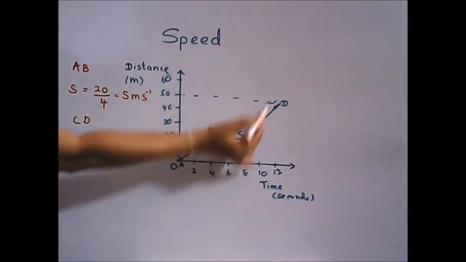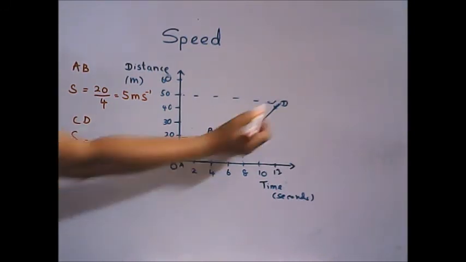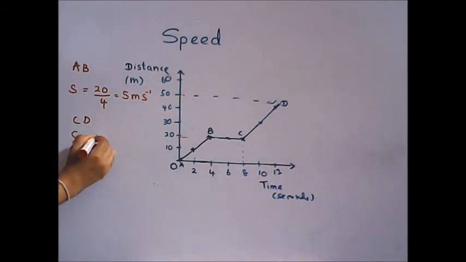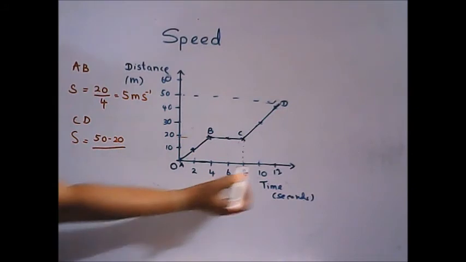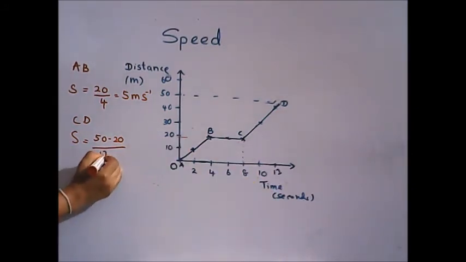Now let's see CD. When Nima went to someone's house, the distance is 50 minus 20 and the time is 12 minus 8.